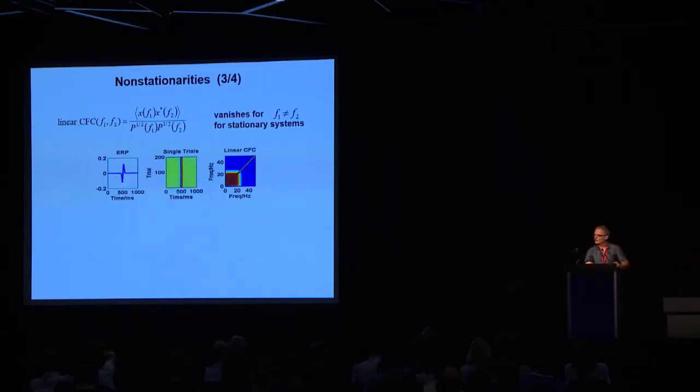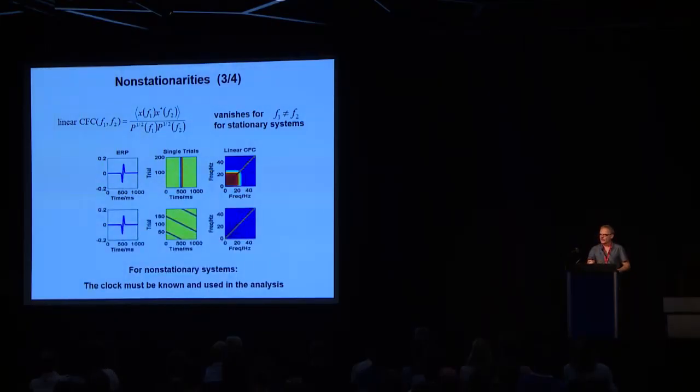You see, it has non-trivial values. Nobody ever does something like that. Why do we never calculate something like that for spontaneous data, a linear cross-frequency coupling? We don't do this because in order to get something out, we need a clock. This is a non-stationary phenomenon.